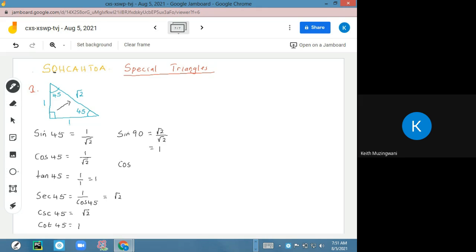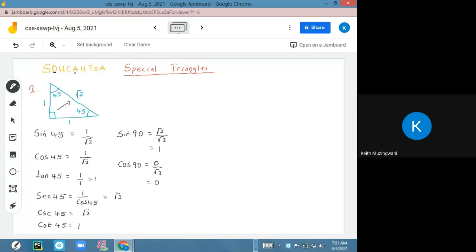But cos 90, the adjacent distance from 90 is 0, because you are at the same point. So from 90 to 90, we have 0 over hypotenuse root 2, giving us 0.